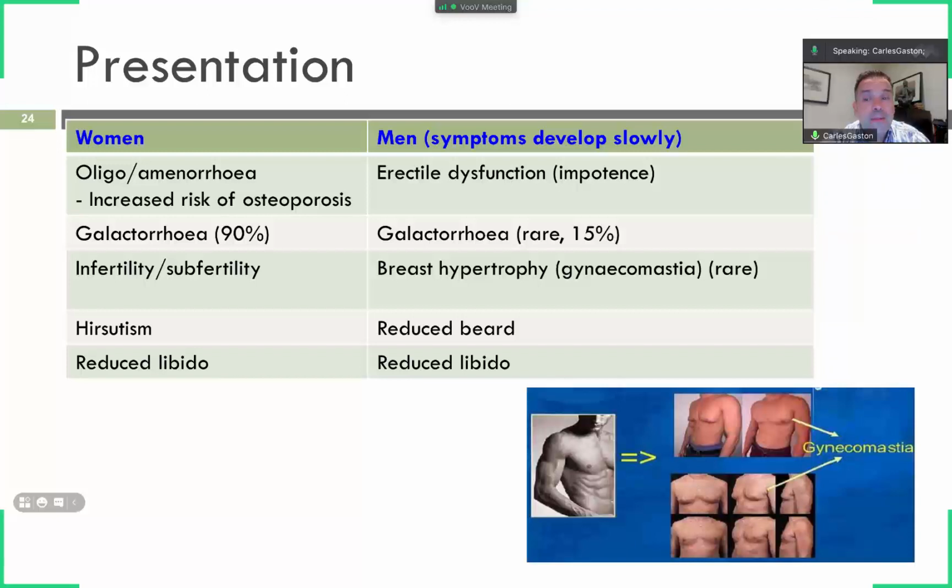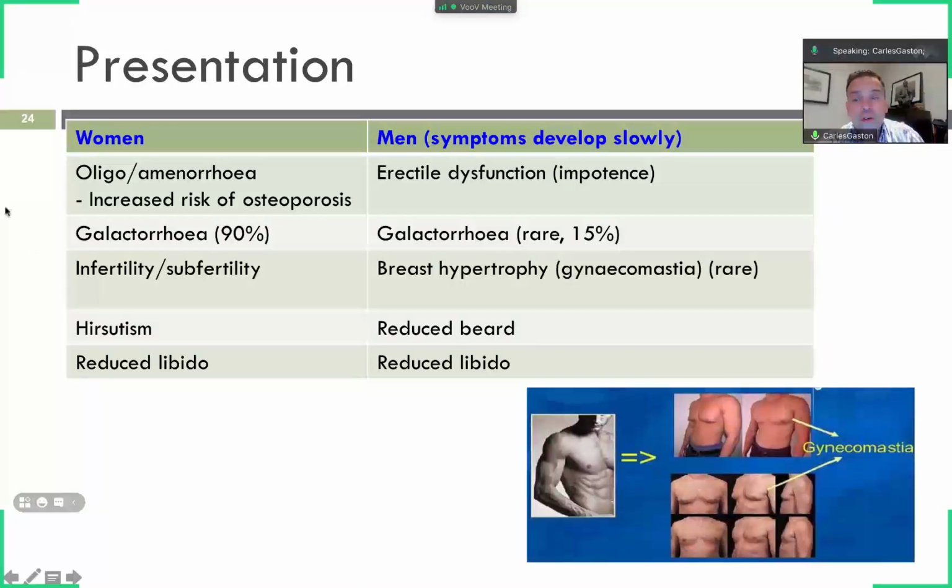Also, 90% present with galactorrhea. Do you guys know what galactorrhea is? You can also look it up, but I'm going to tell you now. Galactorrhea is production of milk by the breast without being pregnant. Obviously, this is quite damaging because in a normal situation, you cannot be producing milk. Also infertility or subfertility. So increased prolactin produces infertility.